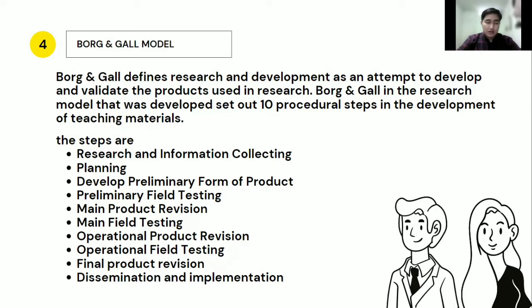The steps are research and information collecting, planning, develop preliminary form of product, preliminary field testing, main product revision, main field testing, operational product revision, operational field testing, final product revision, dissemination, and implementation.